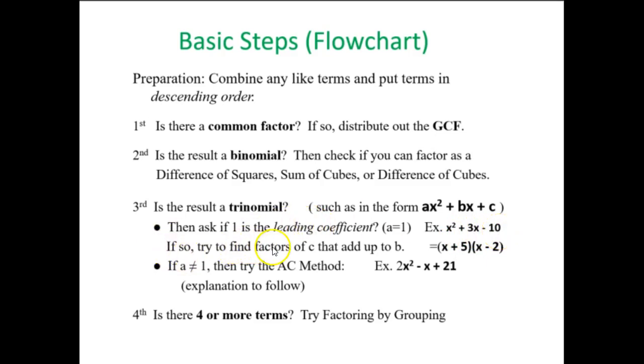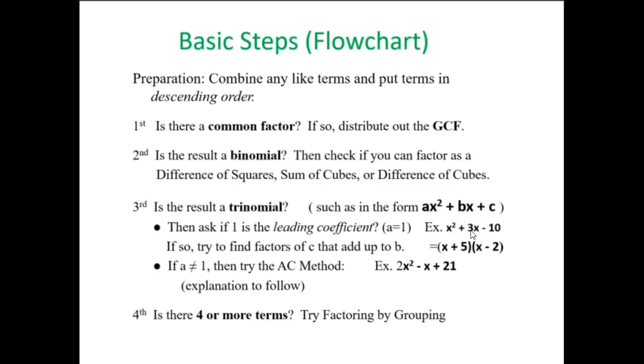If so, try to find factors of C, the last number, that add up to B. So in this case, I want to find factors of negative 10 that add up to 3.